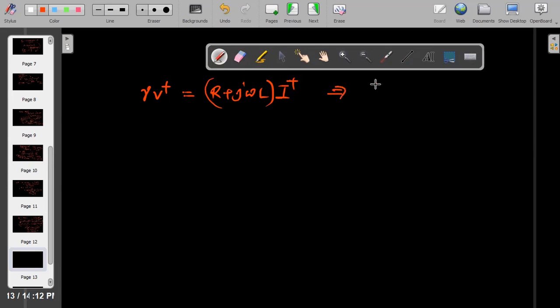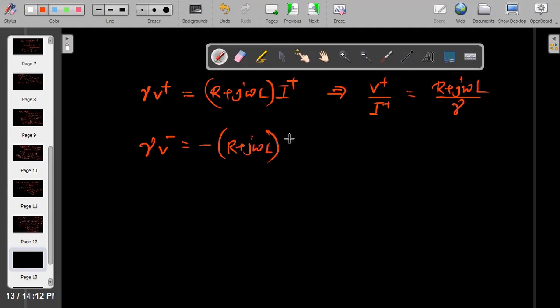So from there we are getting V plus divided by I plus is R plus j omega L divided by gamma, correct? Similarly, gamma into V minus is minus of R plus j omega L into I minus. So you will be getting V minus by I minus as minus R plus j omega L by gamma.